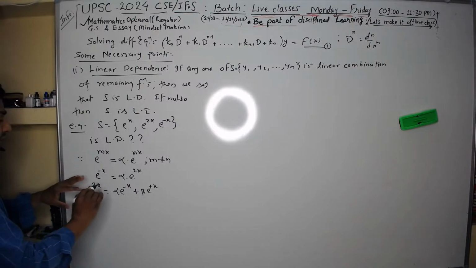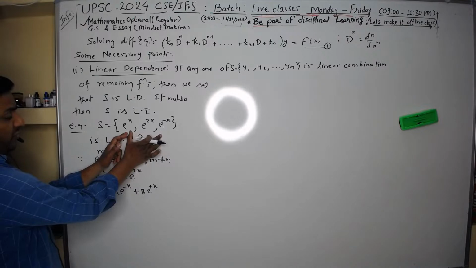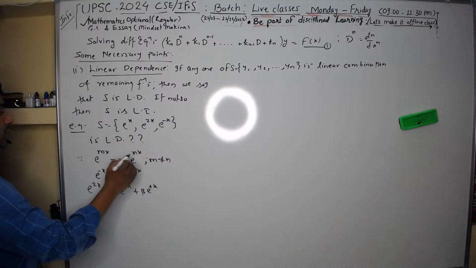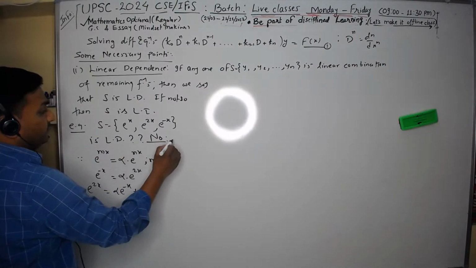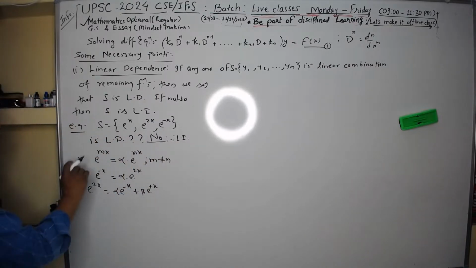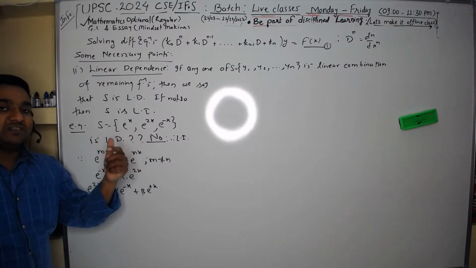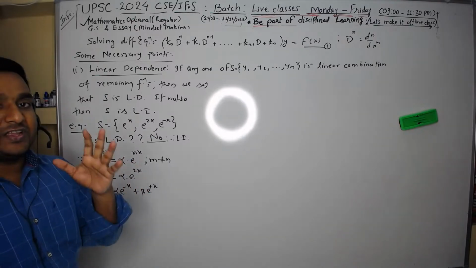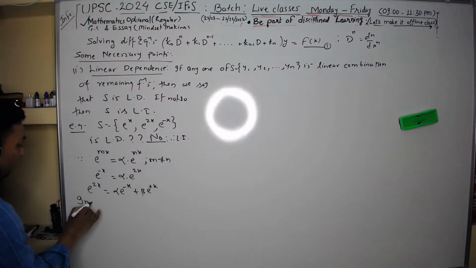The thing is, if you are not able to write any one of these functions as a linear combination of others, then you say your S is LI. And why have I taken this specific set? Because in finding the complementary function, we will be using that.